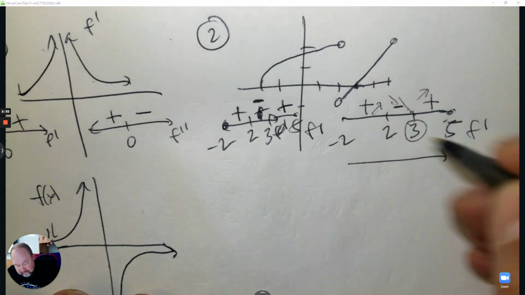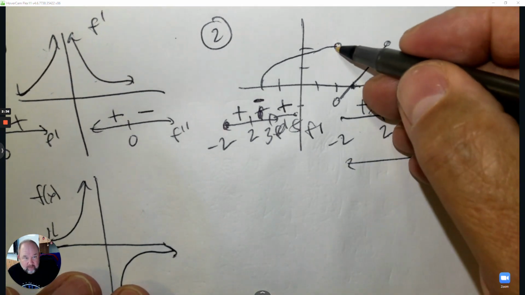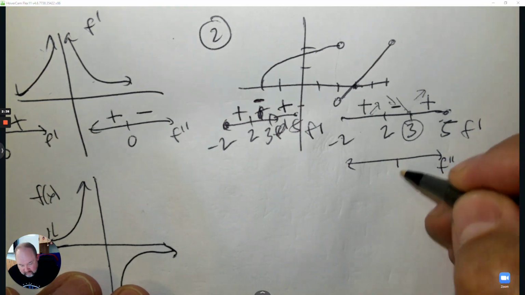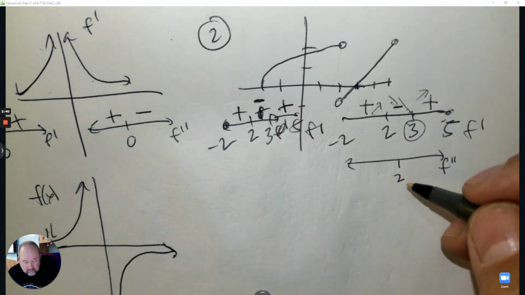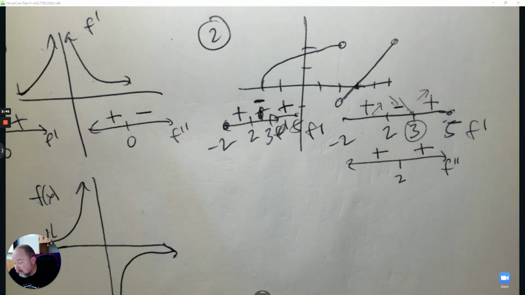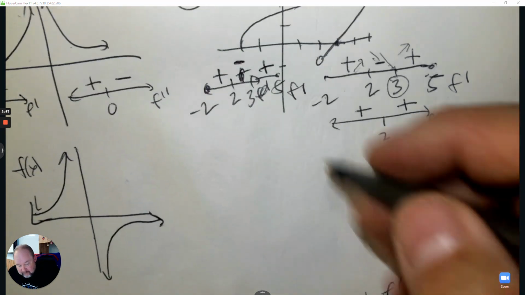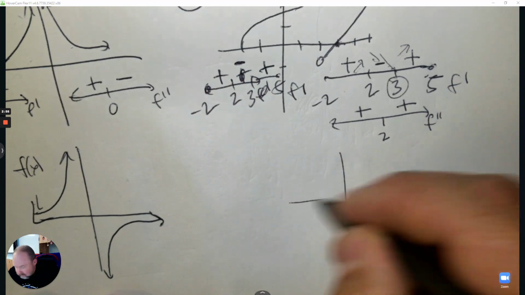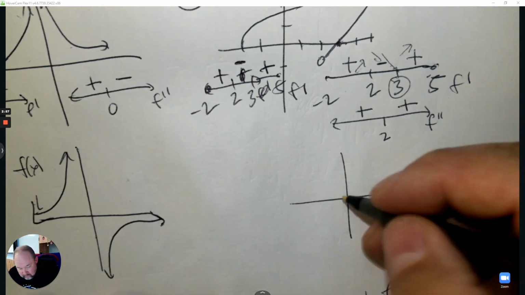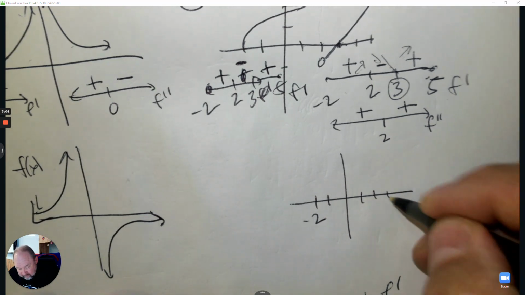The second derivative, the critical numbers here are just right here at 2. We don't have any turning points, so this increases and the second part increases. So both sides are concave up. And then we're going to draw a picture of this. So it goes from -2 to 5.